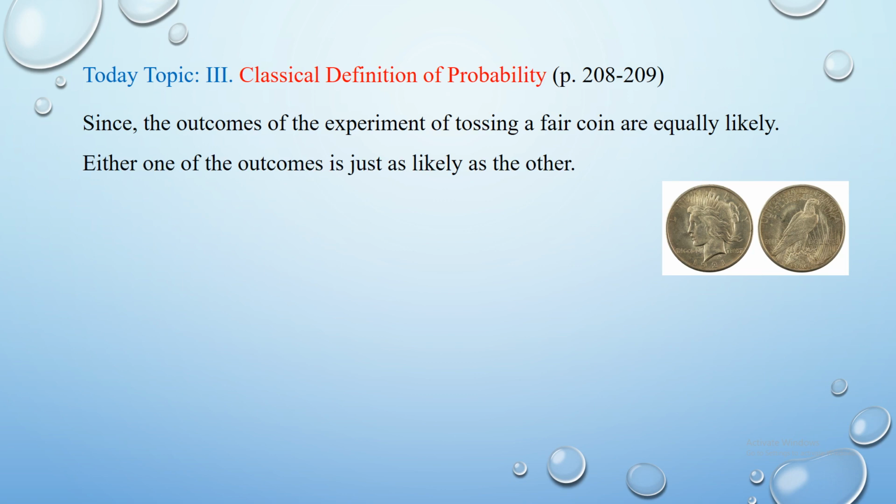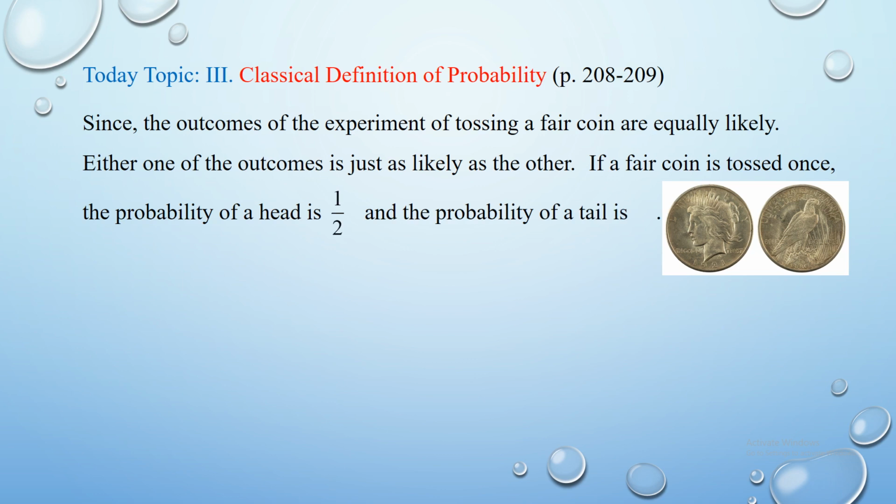If you toss it once, the probability of getting a head is 1/2, and the probability of getting a tail is also 1/2. Both events are equally likely.